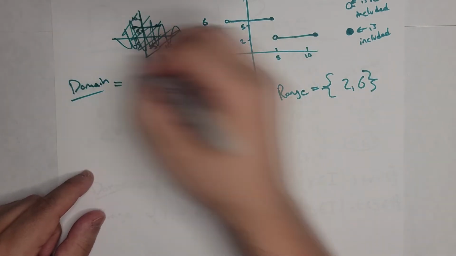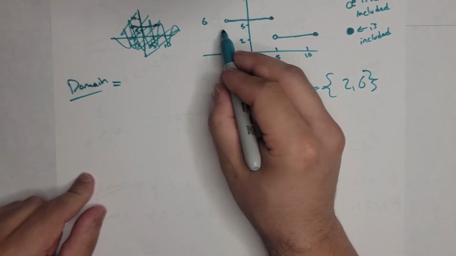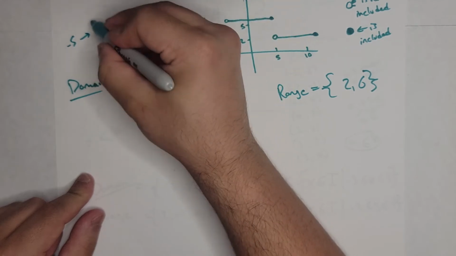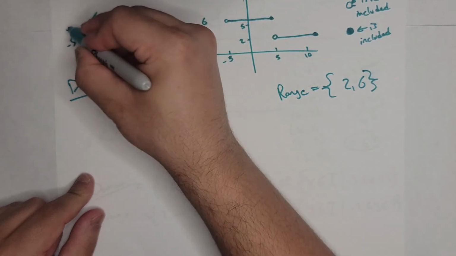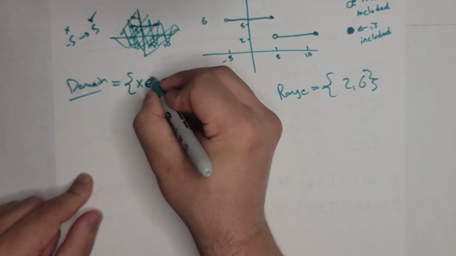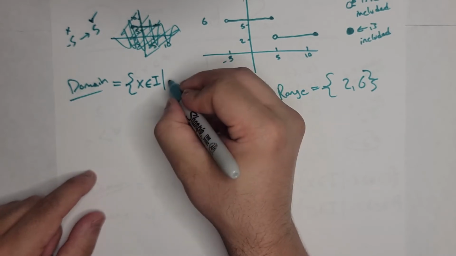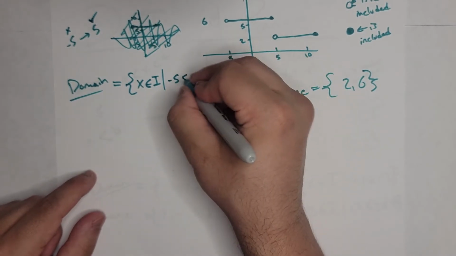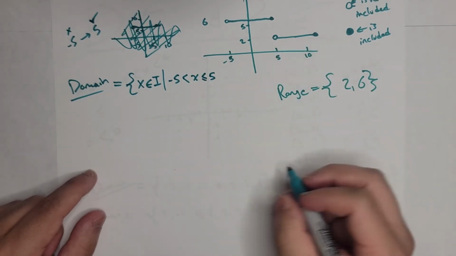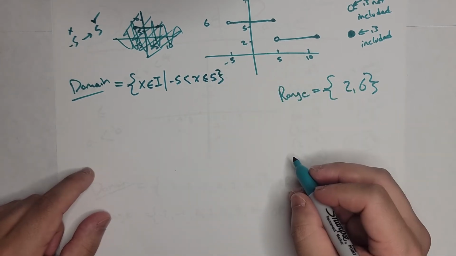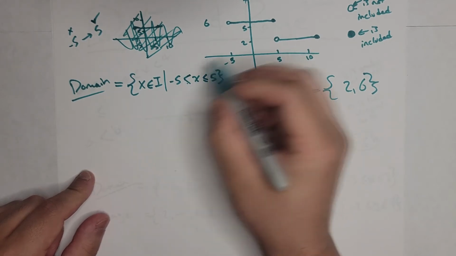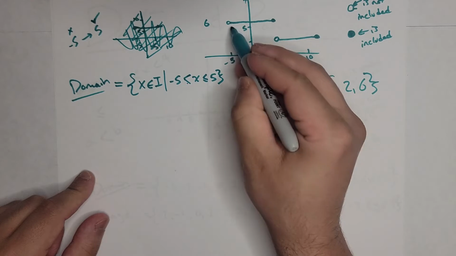That's one domain, right? But remember, the open one is not included. So from -5 to 5, this 5 is included, but this 5 is not. So if you were to write that, you'll notice I didn't put the equal sign here because this -5 is not included.